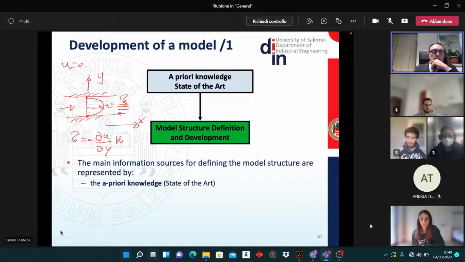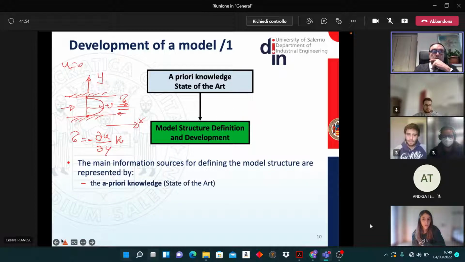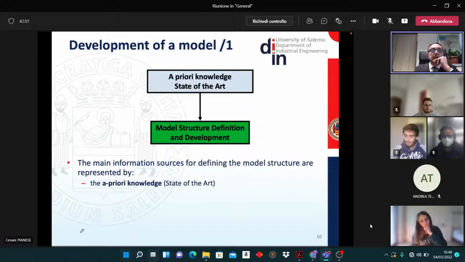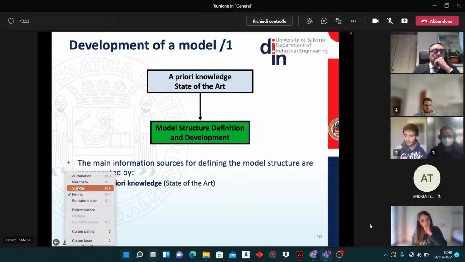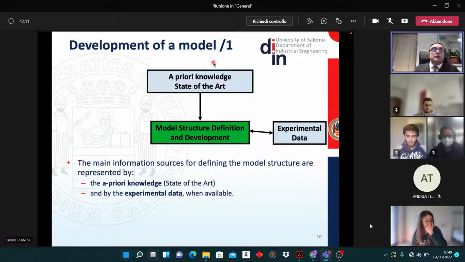This is the a priori knowledge, the state of the art, and what we need more.